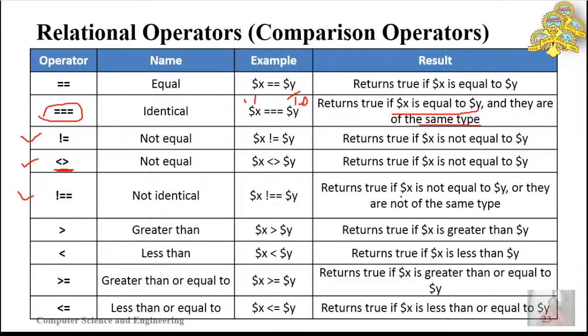It returns true if the values are not equal and also not the same type. Greater than, less than, greater than or equal to, and less than or equal to, you already know these operators and have studied them in C language. Same meaning in PHP also.